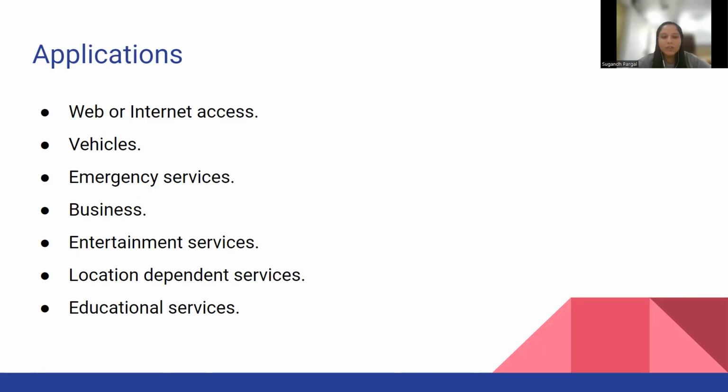Another major application is regarding the education services, as many of the education platforms are changing from offline to online modes, and that is also feasible from the perspective of mobile computing, as the information and data is communicated with the help of the mobiles.